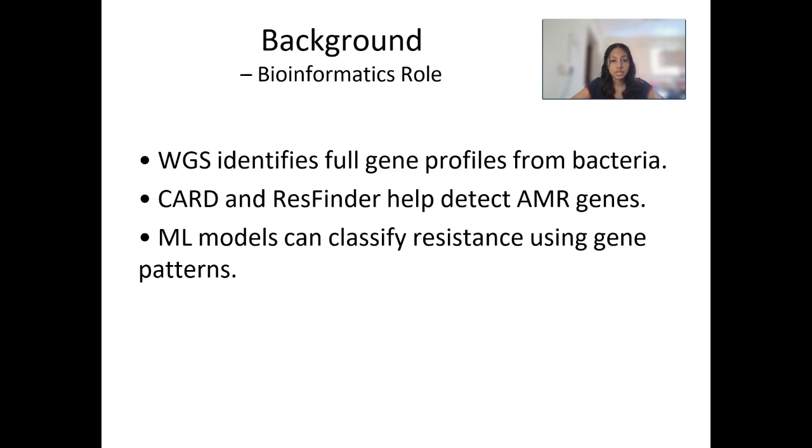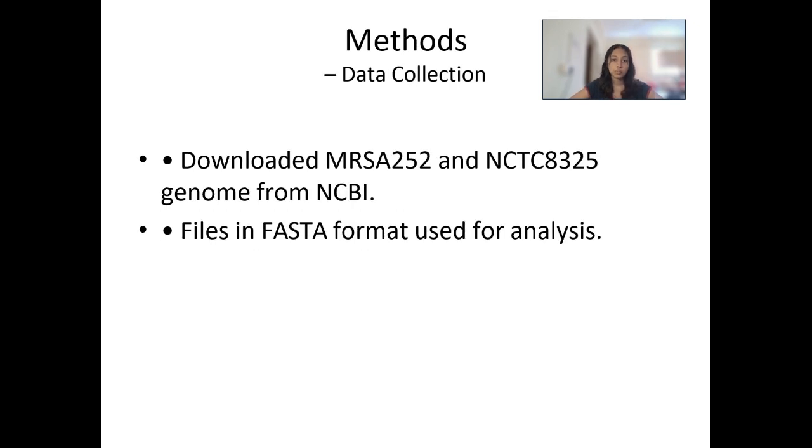I uploaded the genome FASTA files into CARD's RGI tool, and it returned a list of resistance genes along with their drug class and mechanisms. After building a gene matrix, I used machine learning to train models. These models, SVM and random forest, learn from gene patterns and predict resistance in new strains based on those patterns.